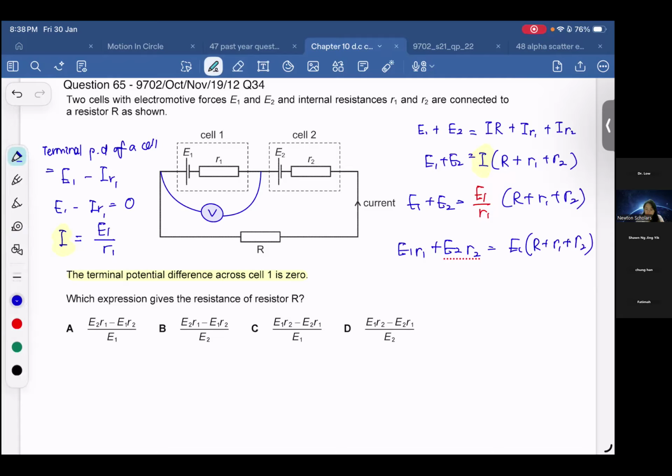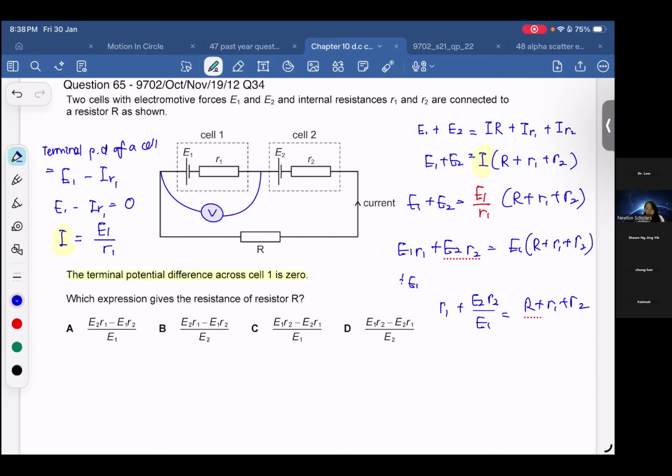Okay, then after that, we divide both sides by E1. So here it becomes R1 plus E2 R2 divided by E1 equals R plus R1 plus R2.